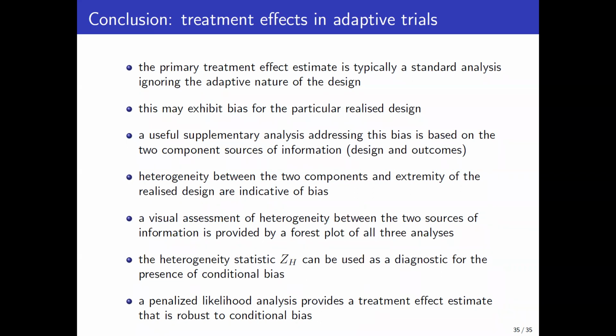Well, I must admit, I accelerated a little during that slide, so I might have gone over it a bit quick, but I made that tuning parameter a function of the measure of the design extremity. So when the design is atypical, that tuning parameter would become 0 or close to 0, which means it's moving towards the conditional MLE.